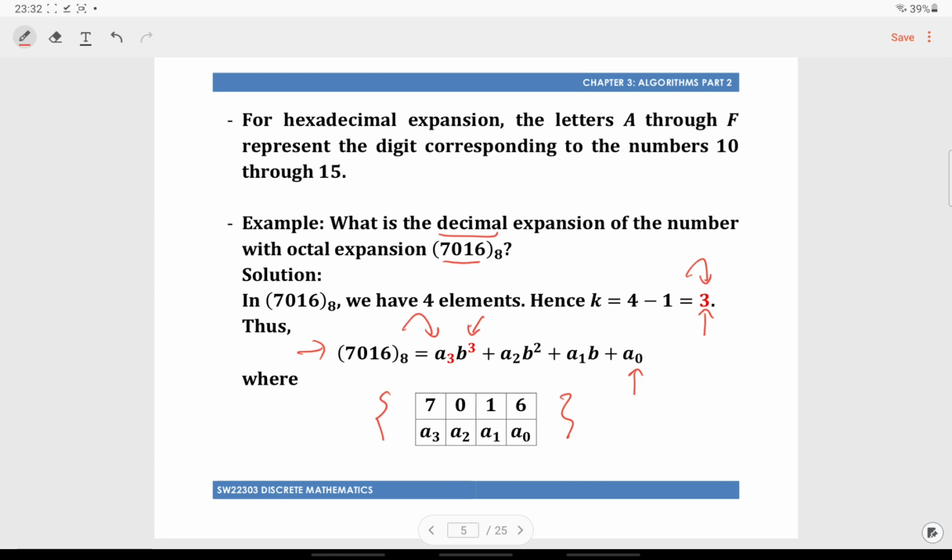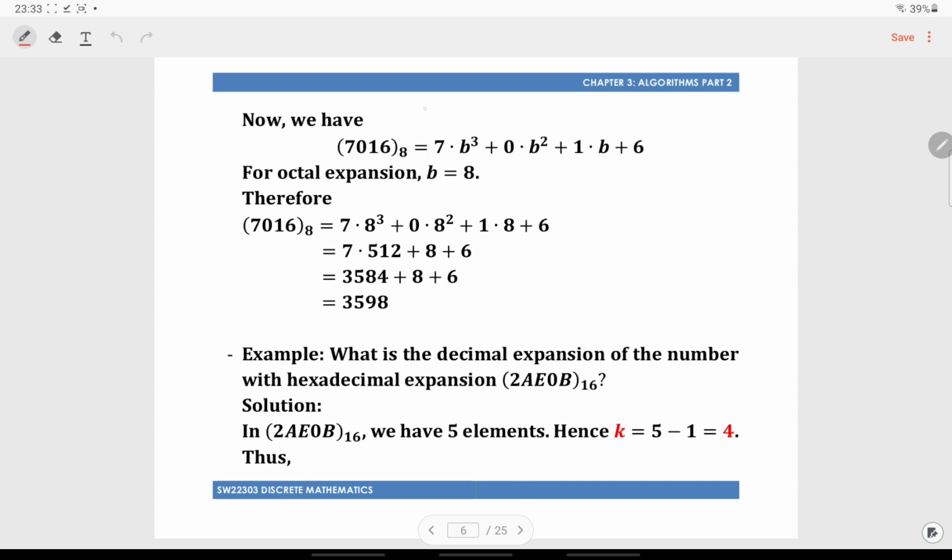After that we substitute all the values for the a's inside this equation. So we have 7 times b cubed, 0 times b squared, 1 times b plus 6. The zero term can be omitted. For octal, the value for b equals 8.